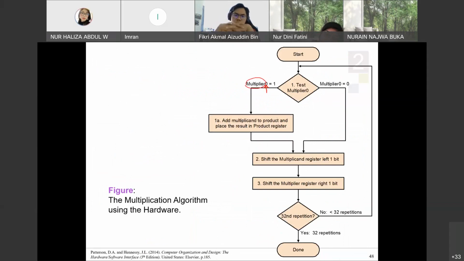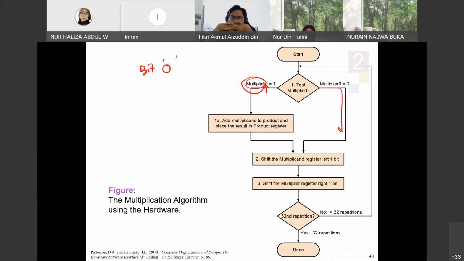The bit 0 of the multiplier, if it is 0, then you need to go to the right.